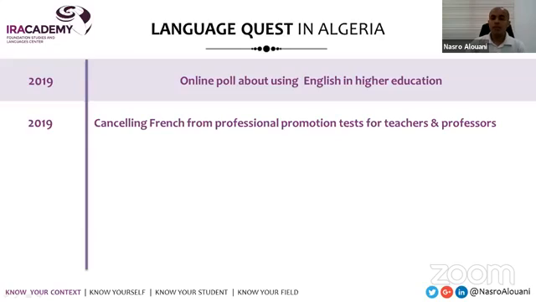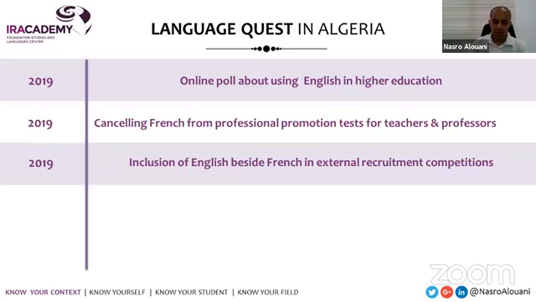In 2019, French was also canceled from professional promotion tests for teachers and professors. Also in 2019, the Minister of Education included English beside French in external recruitment competitions.